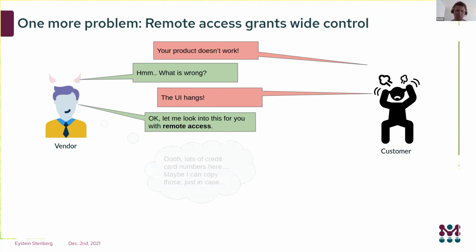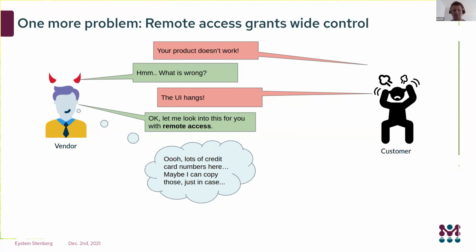And what could happen, of course, is that the vendor finds something interesting there. Hopefully not credit cards, but could still be sensitive data, especially in terms of privacy. And who knows what the vendor will do here, or the employees working at the support.